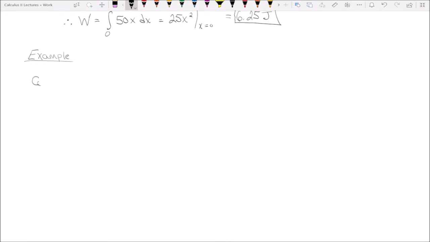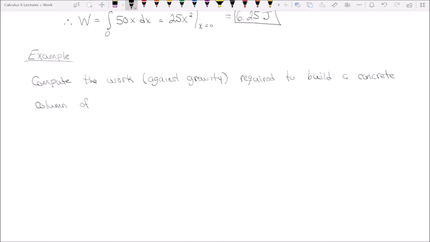Now let's compute the work against gravity required to build a concrete column of height 5 meters and square base of side 2 meters.